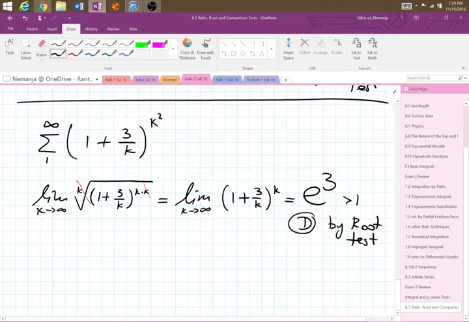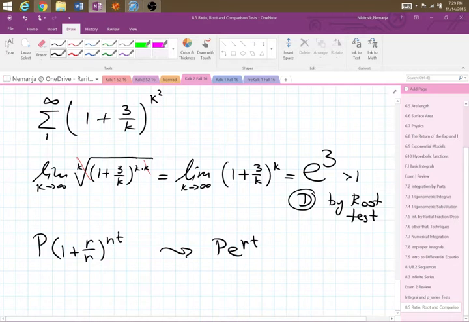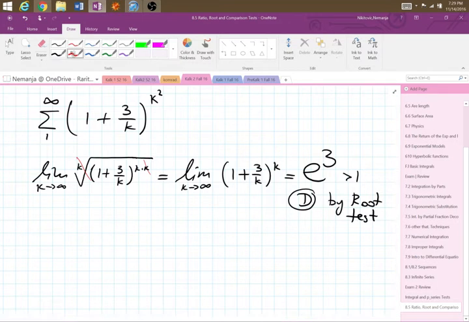Do you all remember the compounding formula from your precalculus? You remember how it used to be P times 1 plus r over n to the nt, and then how your continuous compounding formula was A equals Pe^(rt)? Do you remember that? So now if you just get rid of the t's and the P's, do you see that r at work? Let me write the whole thing one more time with something you are familiar with.